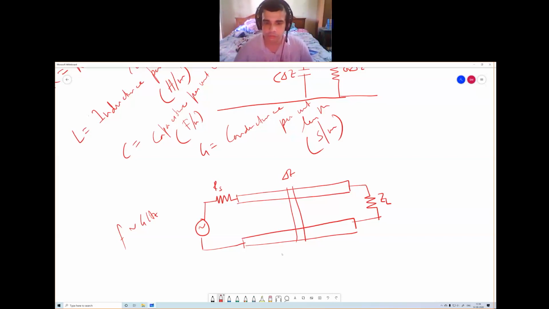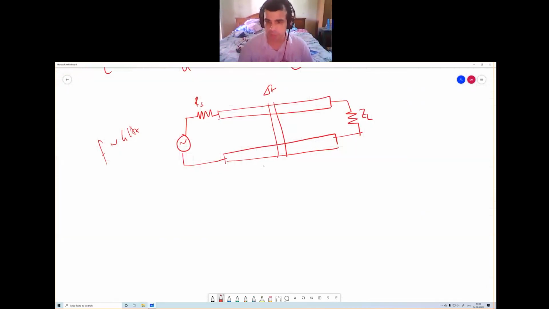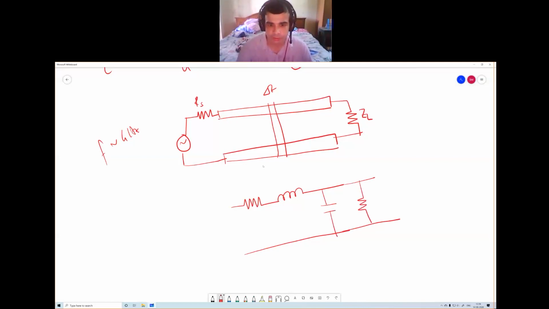So we can use them. And how we model this, we had seen just now, like this. This is the approximate circuit. This is R delta z, L delta z, C delta z, and G delta z. The voltage here is v(z,t), a function of time and distance.